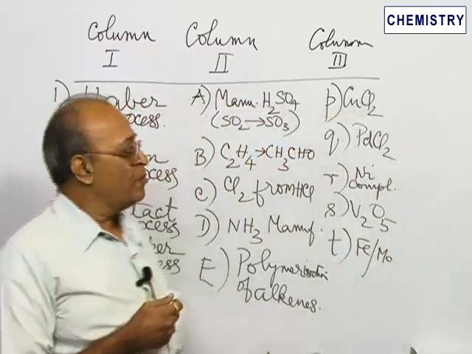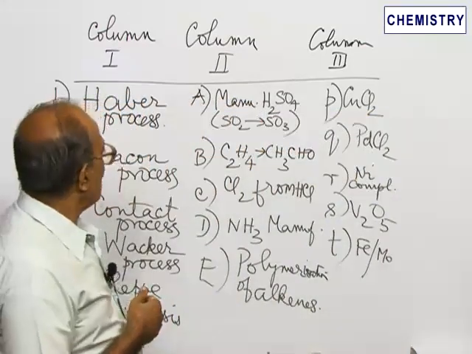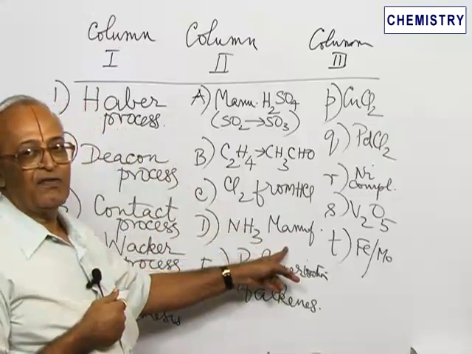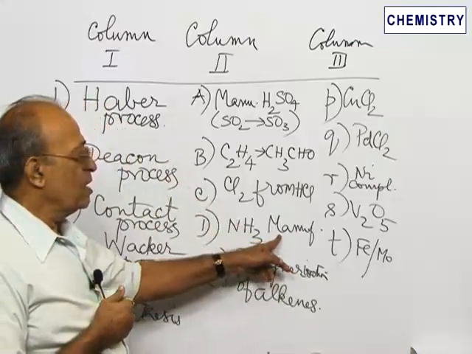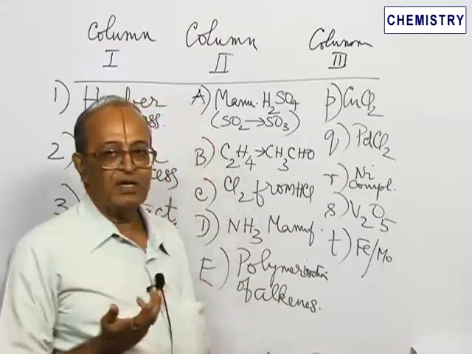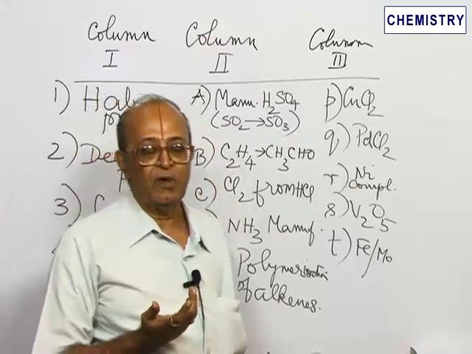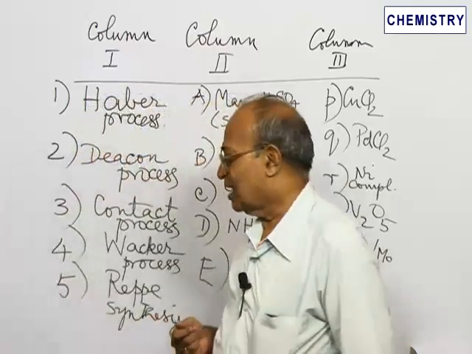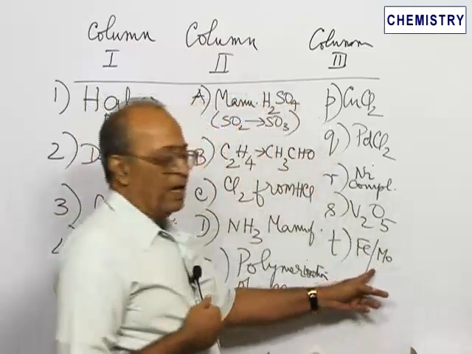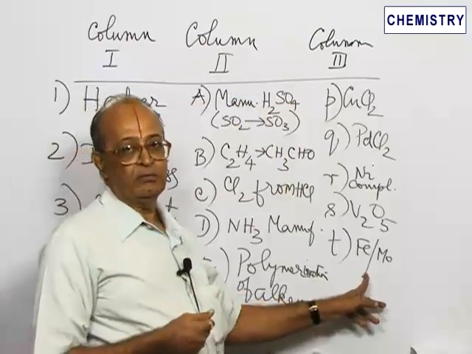Manufacture of ammonia. So for Haber process, manufacture of ammonia D. And in this manufacture, which catalyst are we using? Iron as the catalyst and molybdenum as the promoter.